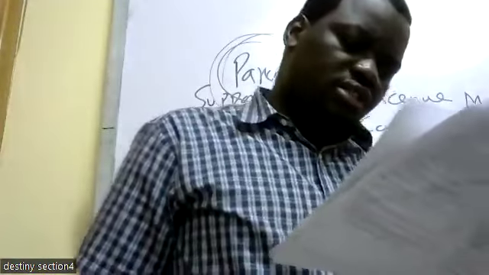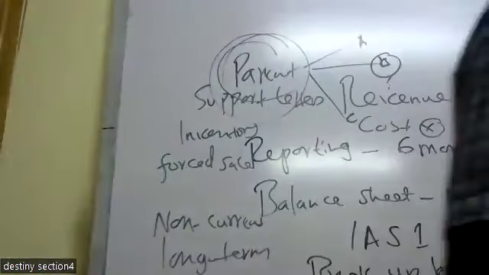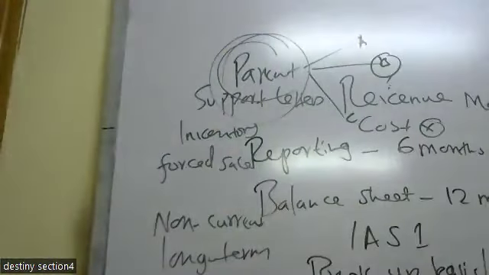AAA Limited has received a letter of support, a comfort letter, from K Limited. The audit senior has suggested that due to the seriousness of the situation, the audit opinion must at least be qualified except for.